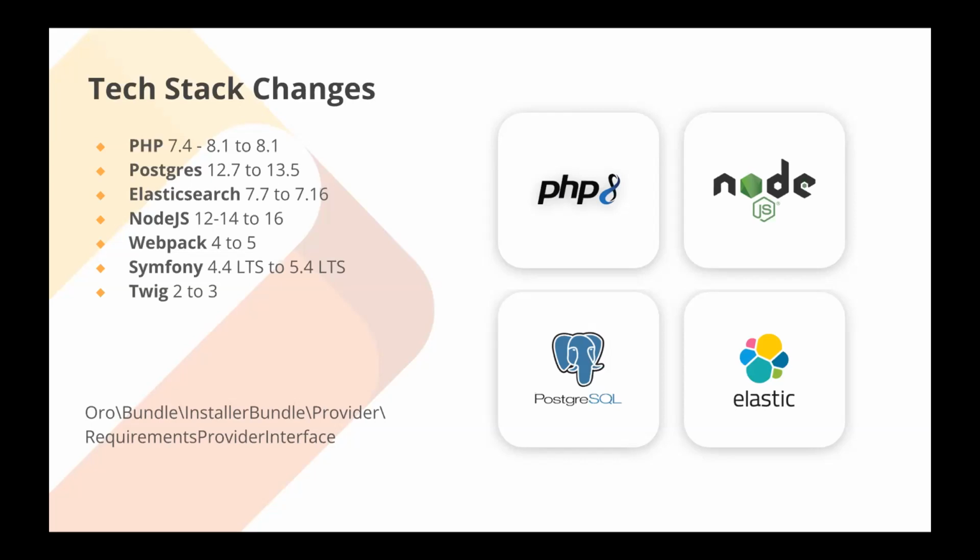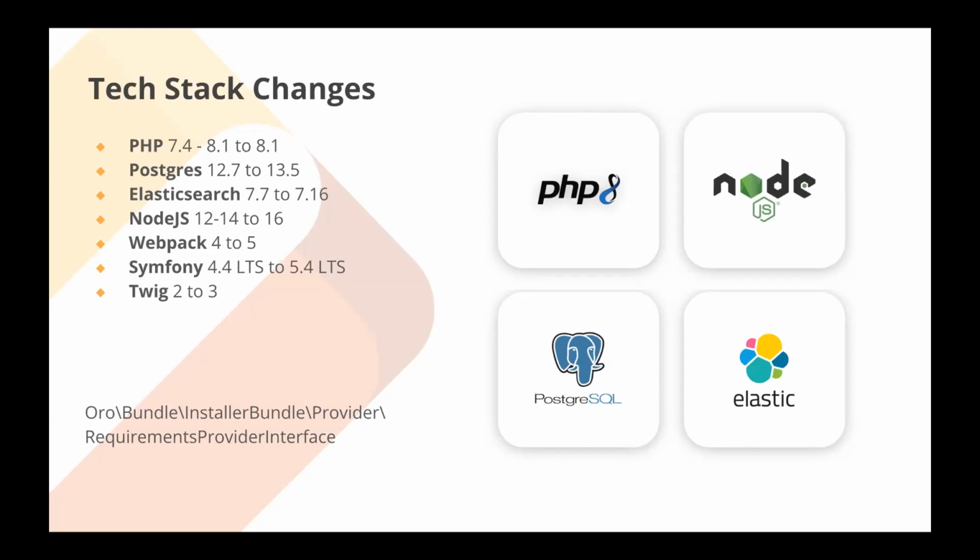We also upgraded Symfony to the next LTS version. This was a major upgrade for us because Symfony increased the PHP versions, so there were many changes in signatures, especially in return types, and there were many changes in the libraries, and we had to remove some libraries from our dependencies and start using forks and so on.